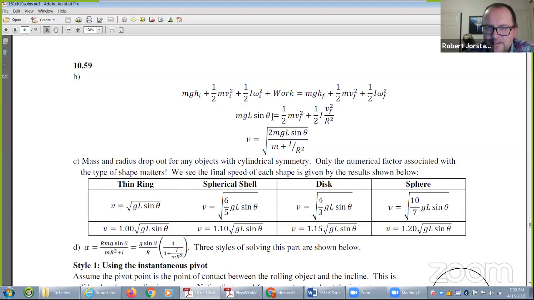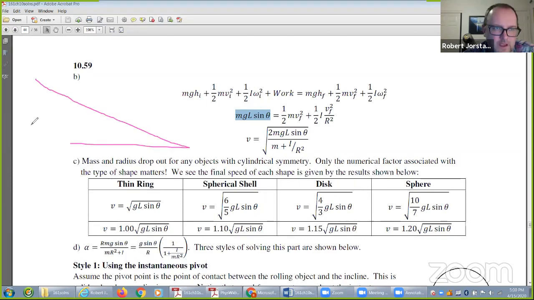Initially, it's up in the air some distance. And if it helps, let me draw this really quick. We're assuming the ramp has length L. We're assuming this angle is theta. So hopefully you agree with me that this side over here is L sine theta. That's just the height. Okay.